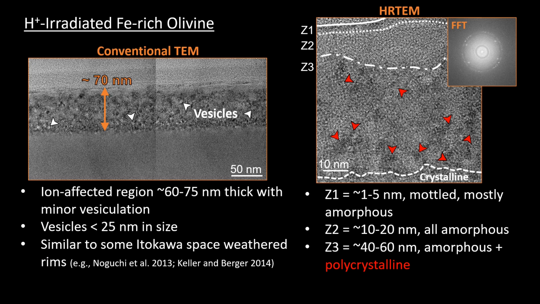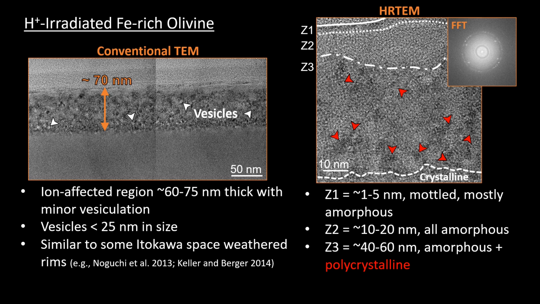The microstructure of our hydrogen-irradiated iron-rich olivine FIB section looks very similar to space weather rims of Itokawa grains. Its ion-affected region is 60 to 75 nanometers thick, mottled in contrast, and characterized by few small vesicles less than 25 nanometers in length. High-resolution imagery suggests the presence of 3 microstructurally distinct zones.